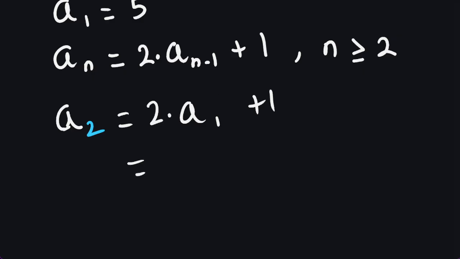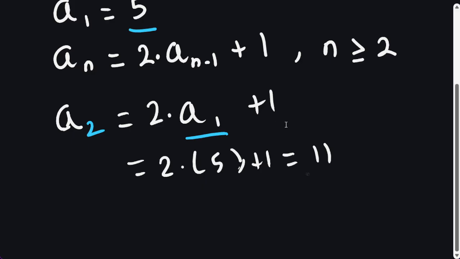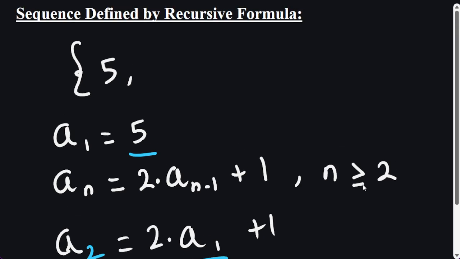A sub 1 is 5, so we replace a sub 1 with 5: 2 times 5 plus 1. 2 times 5 is 10, plus 1 is 11. So the second term, a sub 2, is 11. We'll put an 11 down here.